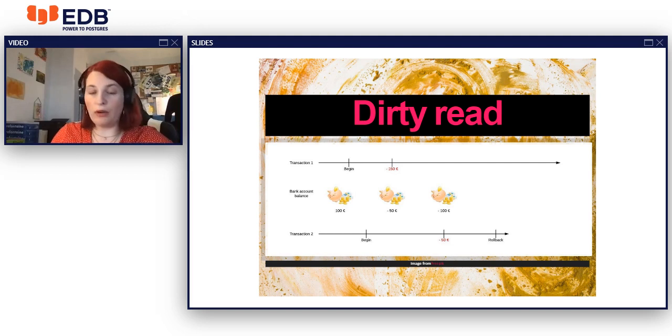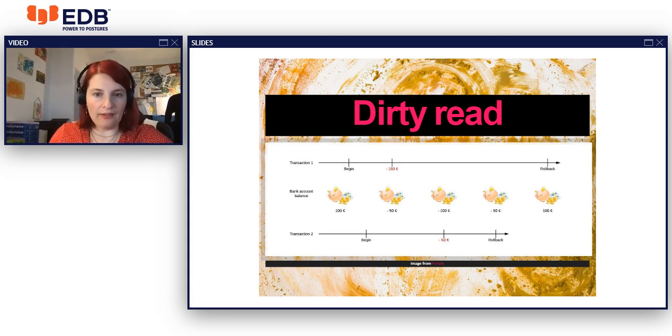So when you try to commit the transaction for your wonderful pair of shoes, it will roll back because of the constraint saying that you can't have a bank account less than 0. So you come back to a minus 50 bank account balance.